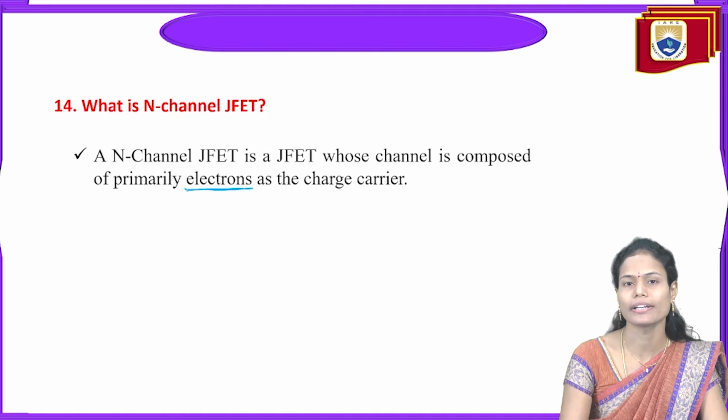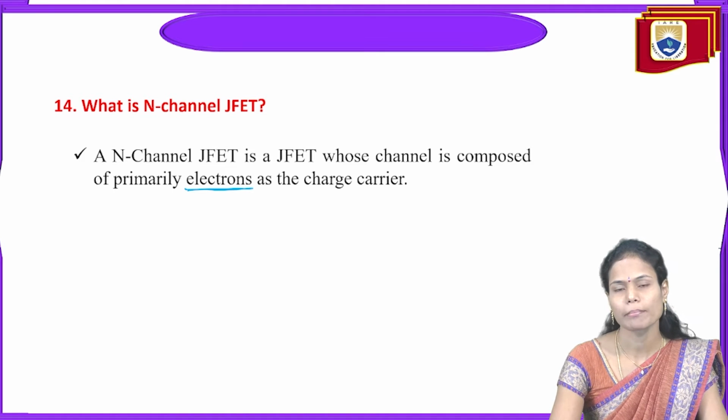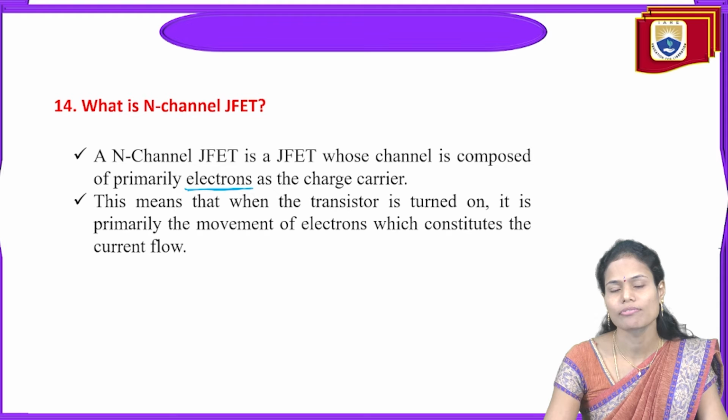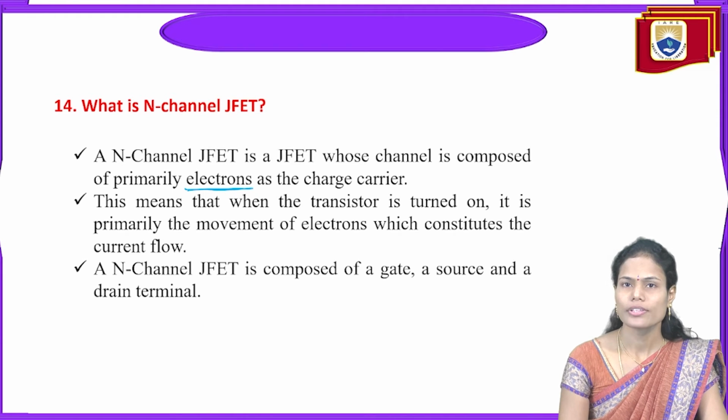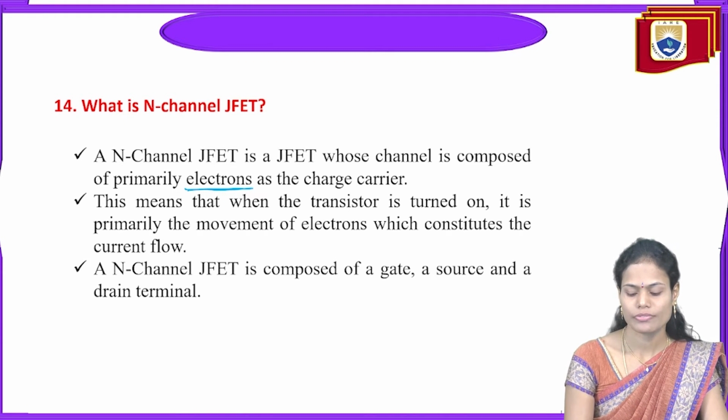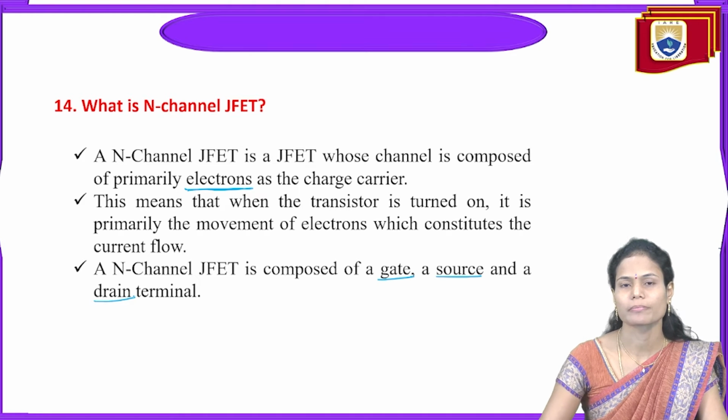Why? Because N type means electrons are the majority charge carriers. So in this N channel JFET, the current conduction is due to the movement of electrons in the channel. This JFET also consists of 3 terminals: gate, source as well as drain.